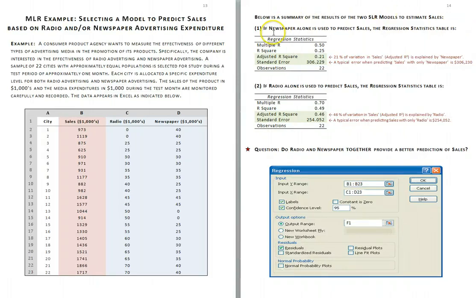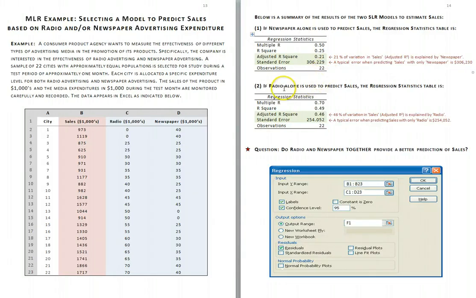On the top of the next page, the regression statistics tables for the two simple linear regression models appear. When only newspaper is used to predict sales, the adjusted R-squared is 21%, and a standard error of approximately $306,000 is made.